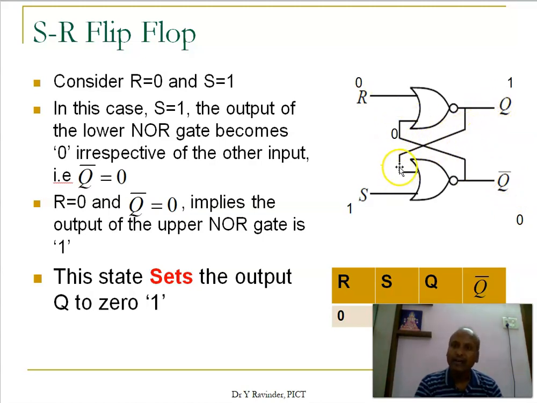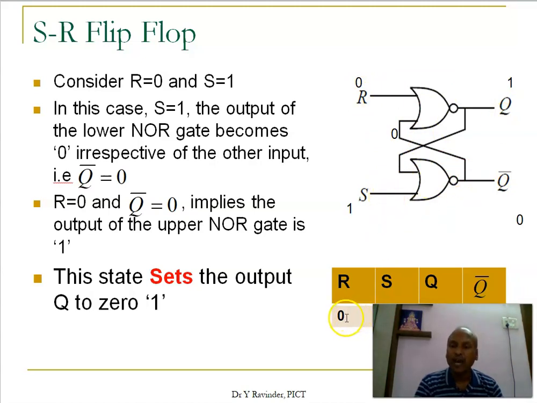So it doesn't matter what the other input is; it matters only when one of the inputs is 1. So straightforwardly, the output of that NOR gate is 0. This NOR gate output is fed back to the input of the other NOR gate, which is already 0. Because of this, this is 0, this is 1.